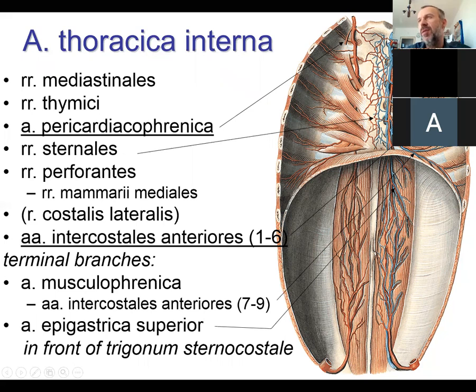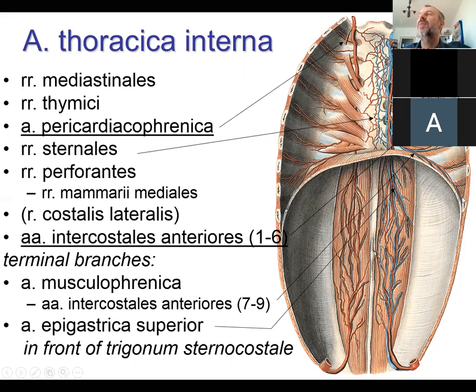On the way, it gives anterior intercostal branch into every intercostal space, the first six. When it comes to the diaphragm, it gives this branch which follows the diaphragm. It's called musculophrenic branch. Yeah, musculophrenic.